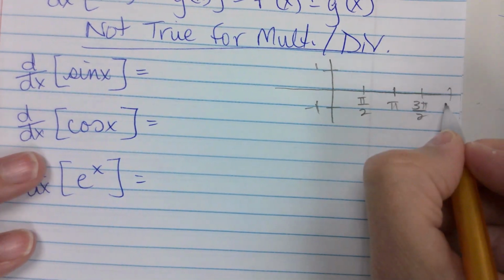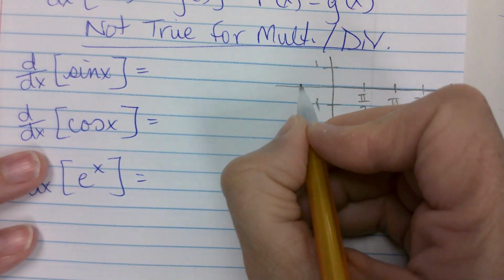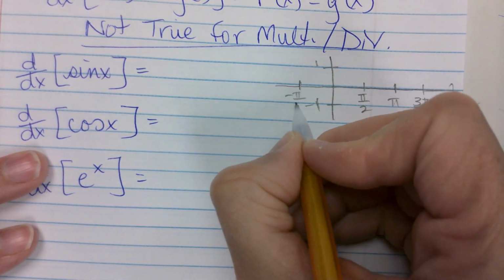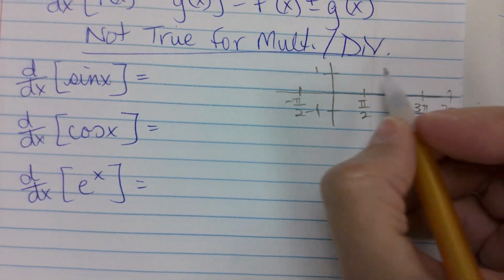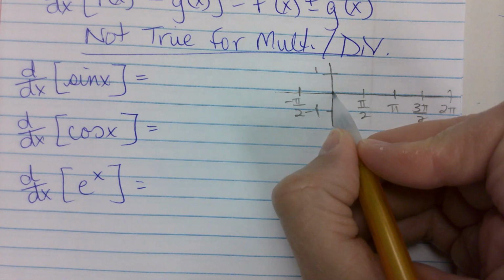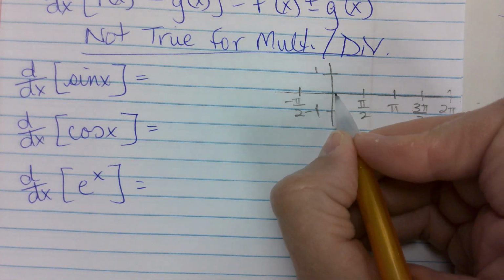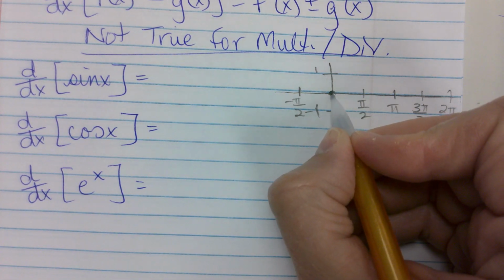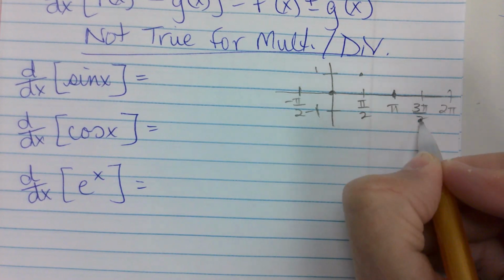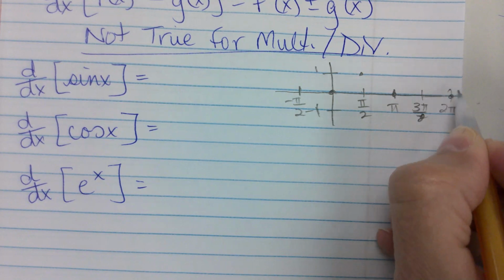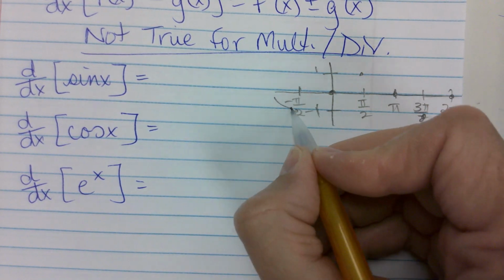Practice drawing your sine curves, because those help us remember our special angles anyway. What is the graph of y equals sine of x? It starts at 0, 0, then pi over 2, 1, pi, 0, 3 pi over 2, negative 1, back to 0. Everybody good with that?